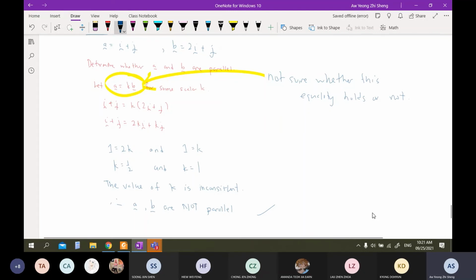You're actually trying to figure out: is there a value k that will make the equality hold? So the proper procedure to check is you solve for k twice, and then check whether the value of k is consistent or not. Later in this chapter, we will use a similar technique to do some different things.